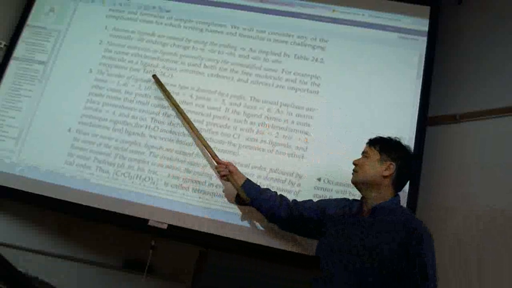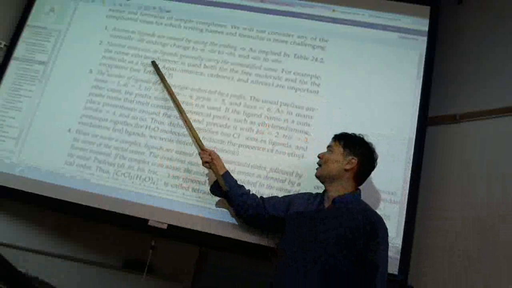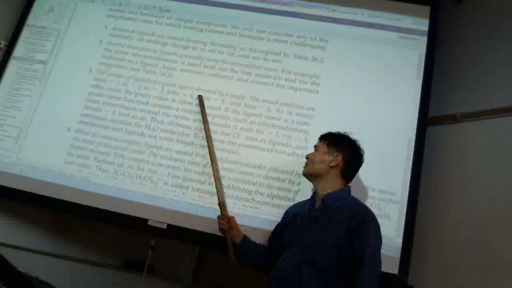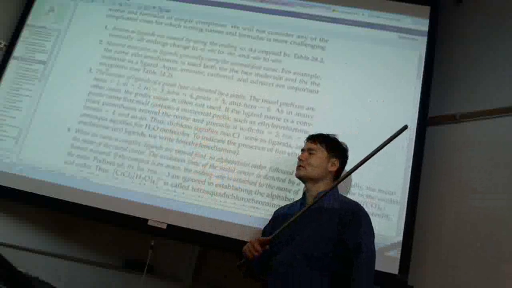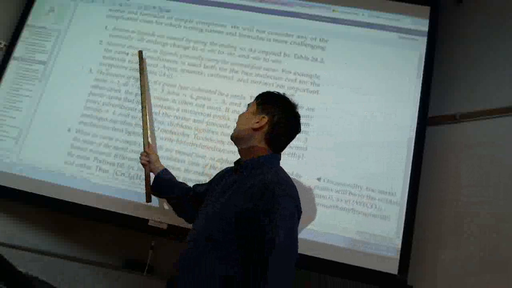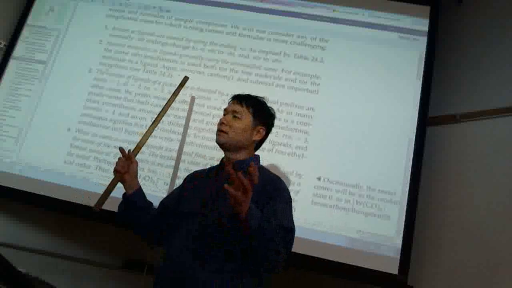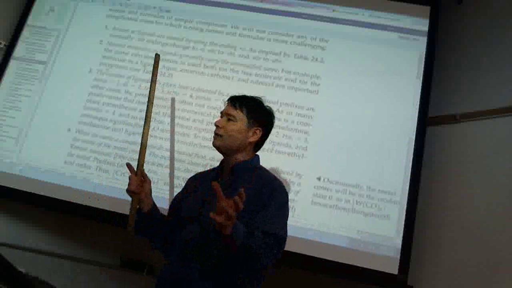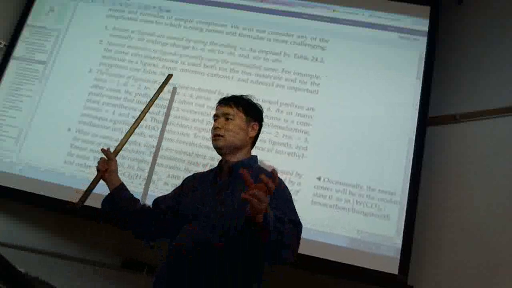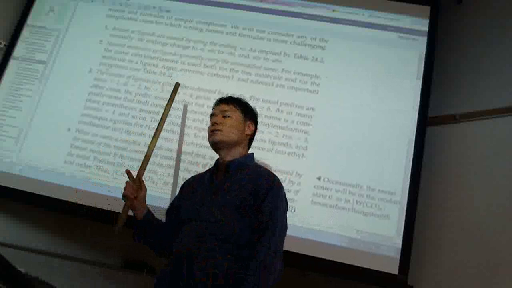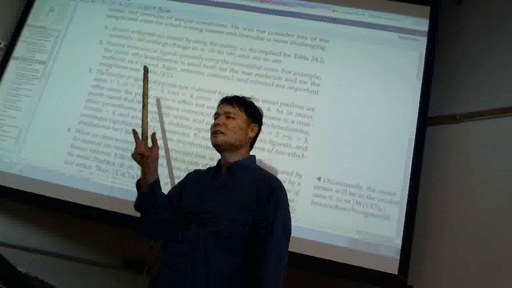If we have a ligand that contains one of these prefixes, we use an alternate prefix system. If I wanted to say I have 2 ethylene diamines, would I say diethylene diamine? If I said diethylene diamine, you'd think I had 2 ethylenes and 2 amines, which I don't. I want to have 2 ethylene diamines.